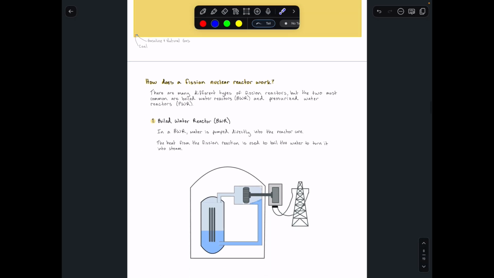Okay, so we've gone through a lot of information about nuclear energy and nuclear fuel. Now it's time to dissect how a fission nuclear reactor works. So let's go here.